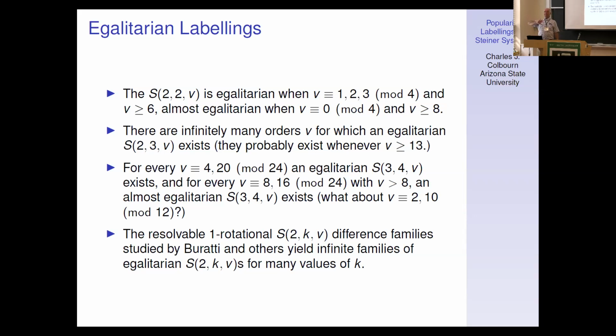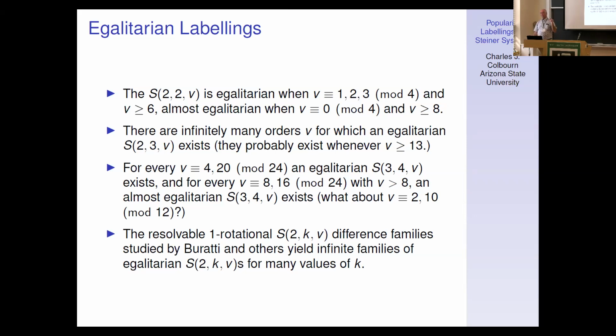In that case, because the replication numbers are always going to be odd, the necessary conditions there say there could always be an egalitarian system. And the data I have suggests that they do exist whenever v is greater than or equal to 13, but there are some congruence classes that are still problematic.